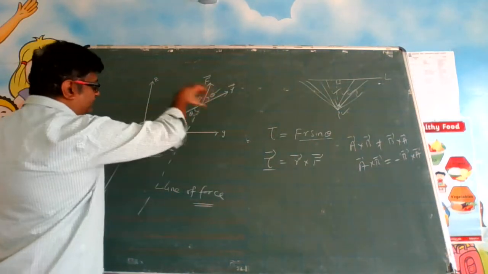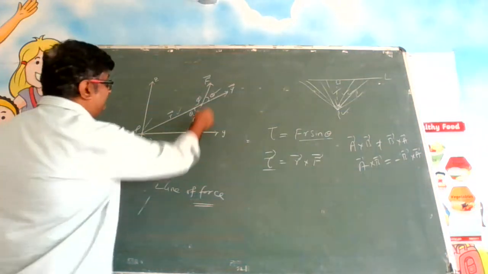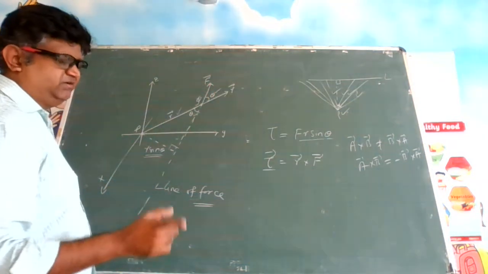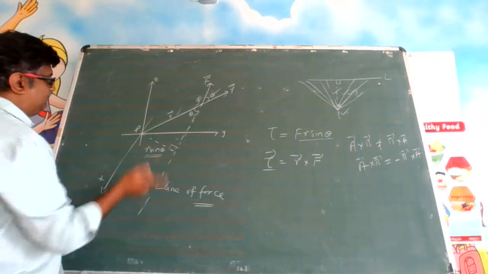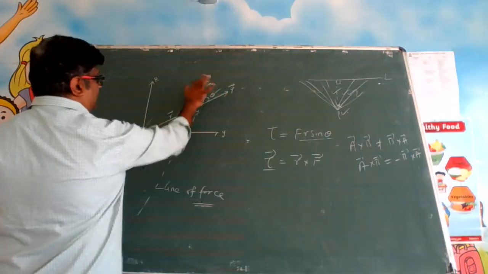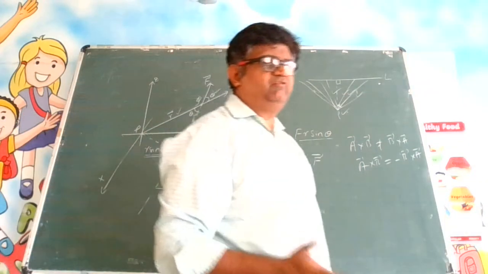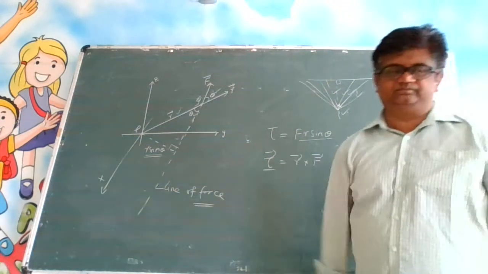You have to identify in which plane the F and R vectors are. So how do I identify it? Put a paper.